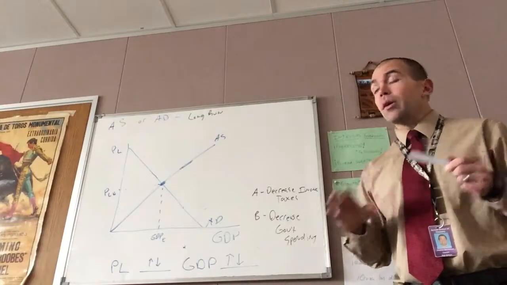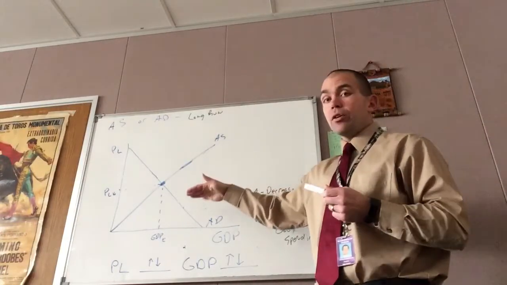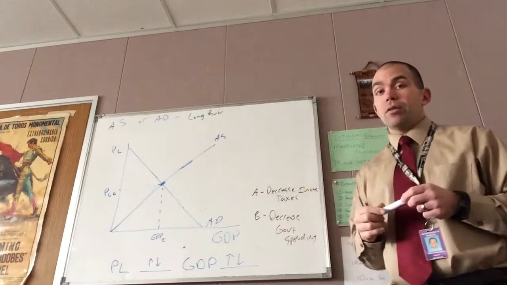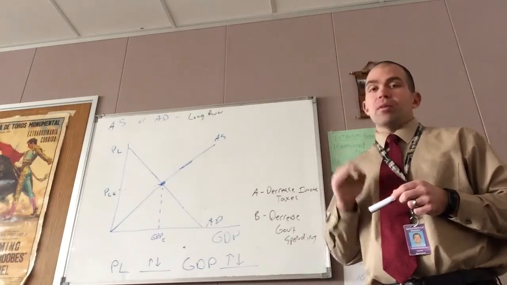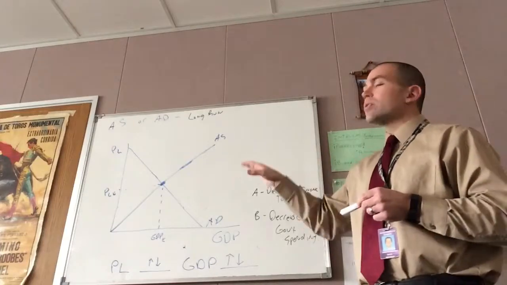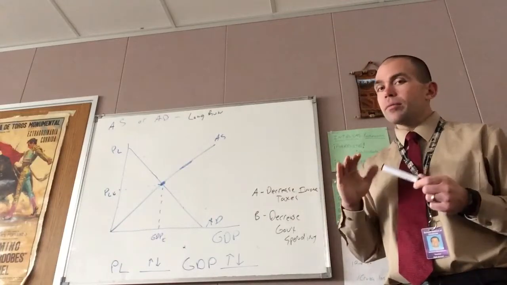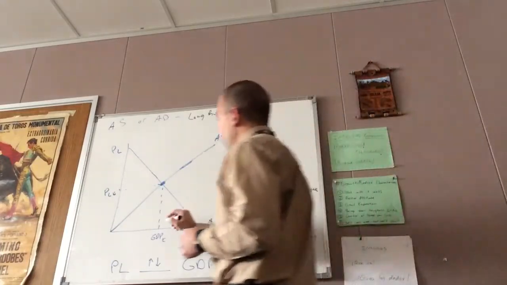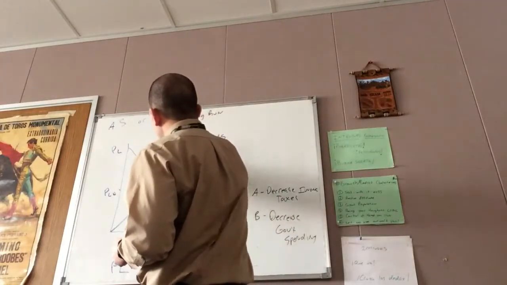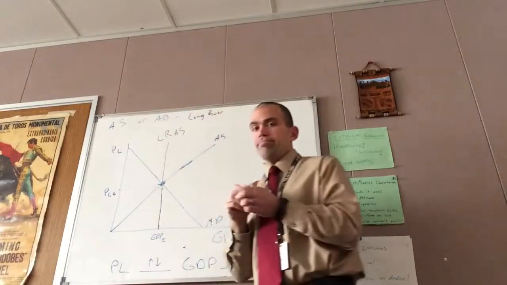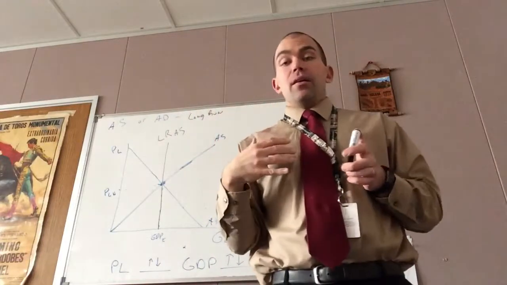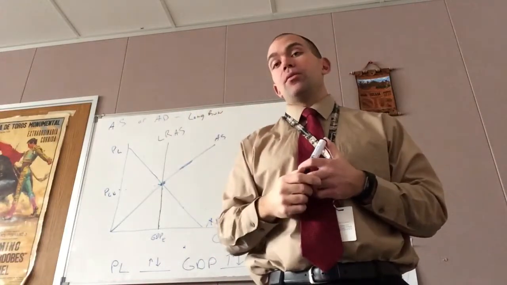And then we saw that it's going to increase or decrease price level, increase or decrease GDP. Now we're going to add another level of complexity to it. This is all short run. However, what we're going to look at in this video is the whole concept of the long run aggregate supply. The whole idea here is you can't speed up the economy too fast.